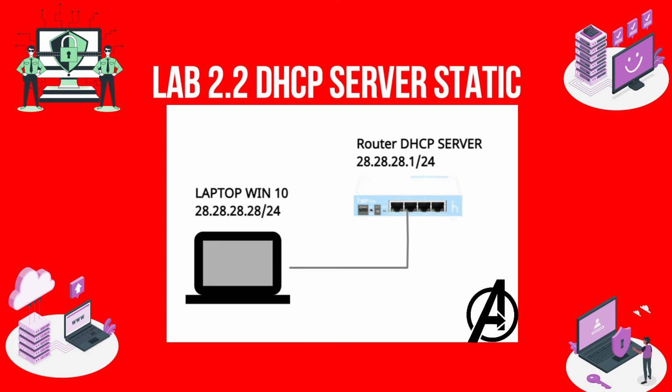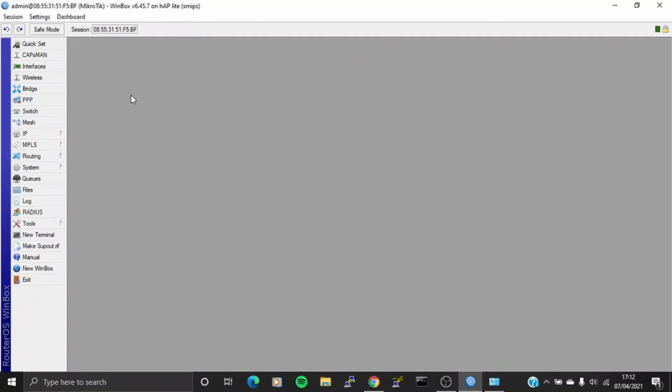Okay, and the IP address that the router has is 28.28.28.1/24, and then in here I'm gonna make the Windows 10 laptop connect with the IP address 28.28.28.28 and then /24.